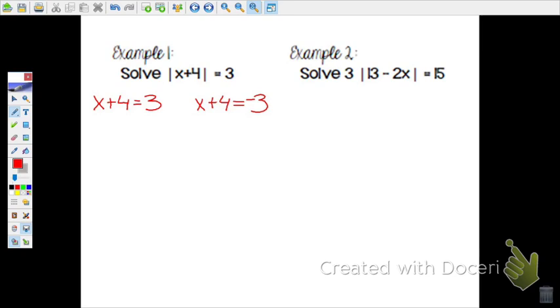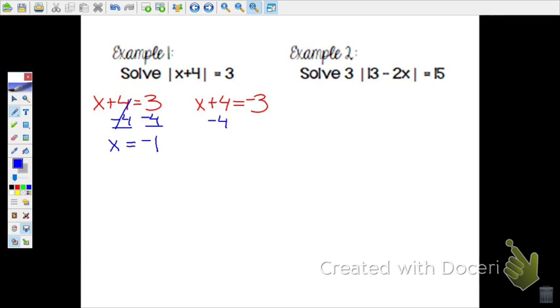So on the equation on the left, what am I going to do to solve for x? Ashton? I'm going to subtract 4 from both sides. So x equals negative 1. On the second equation, I'm going to do the same thing.